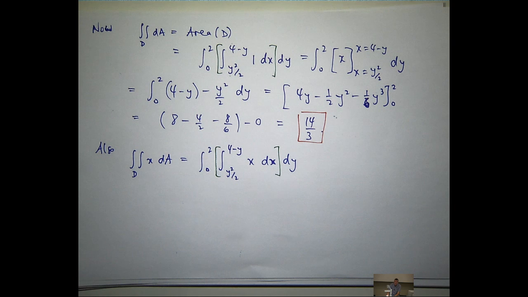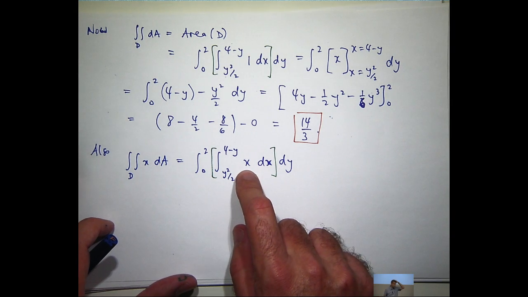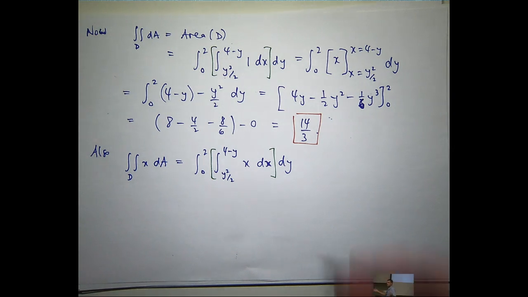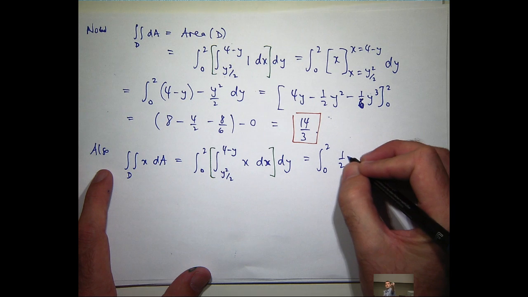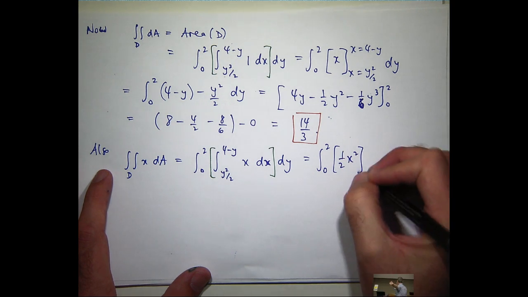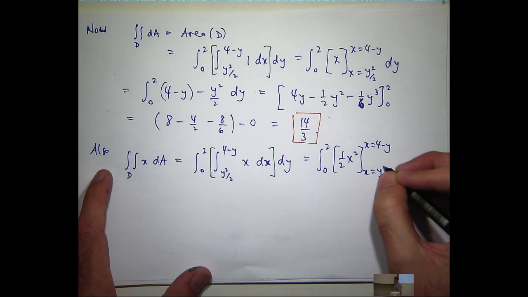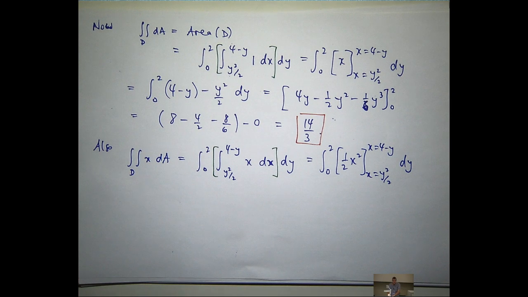Okay? So I'm integrating with respect to x, so that'll become a half x squared, and then I just sub in my limits of integration for x. So I can take that half out the front.